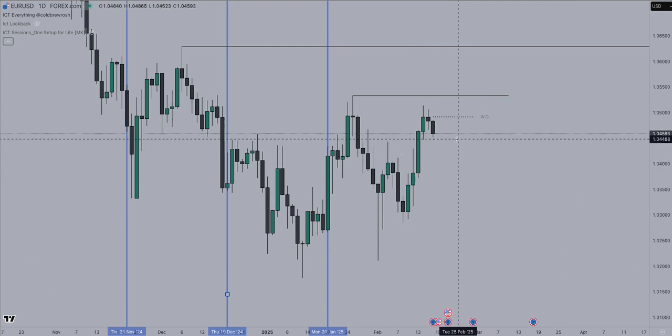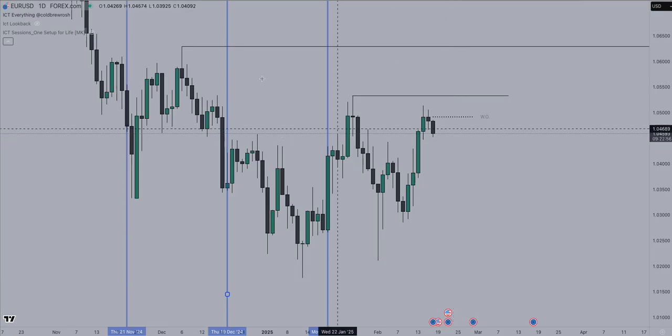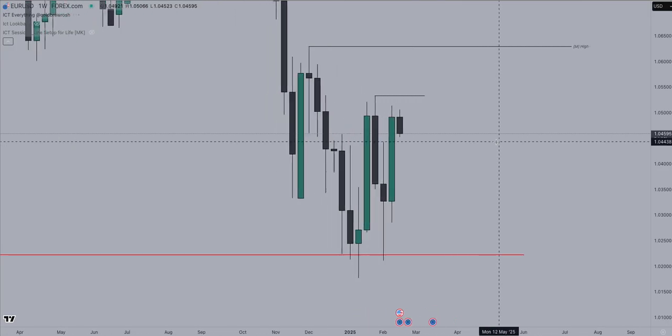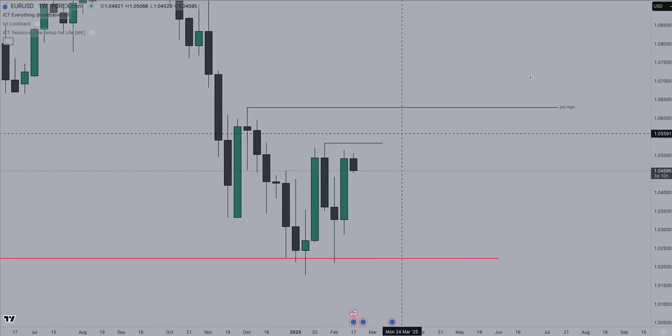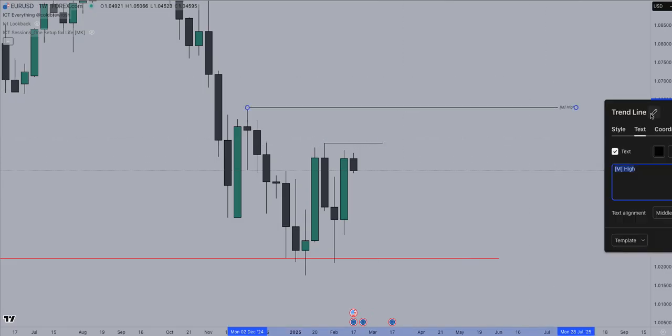And obviously we can check the dollar index, pound, there's SMTs and all stuff like that, but that's all to do with the lower time frame, which I'm not showing in this video. I'm just trying to show you how to determine that higher time frame bias, because once you've got this higher time frame bias, you can stick to it.